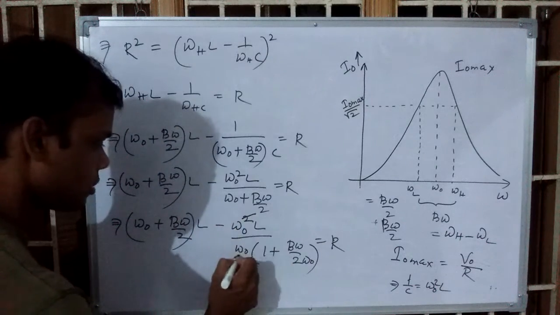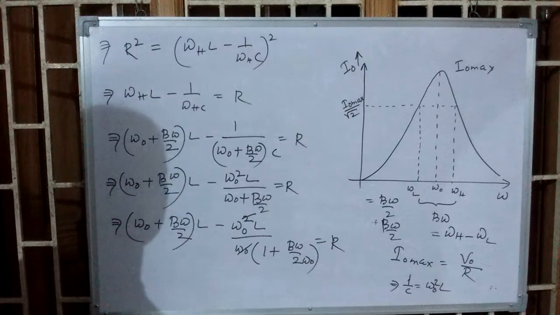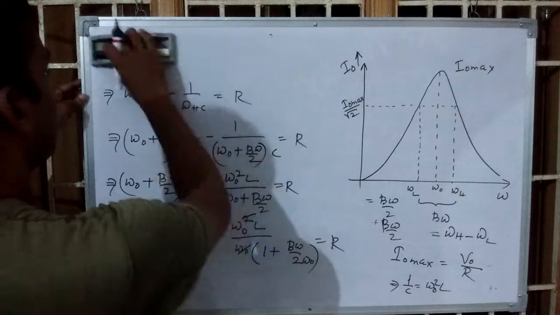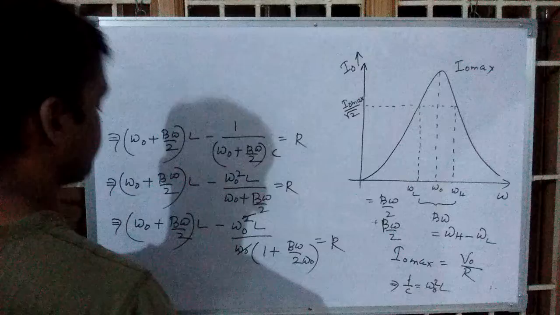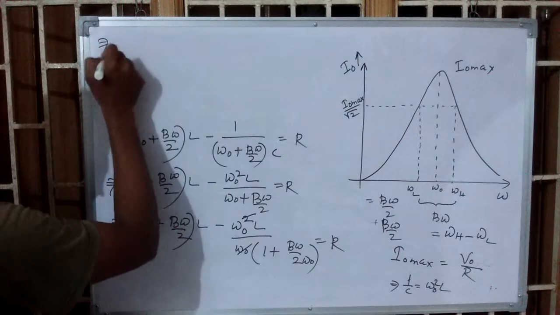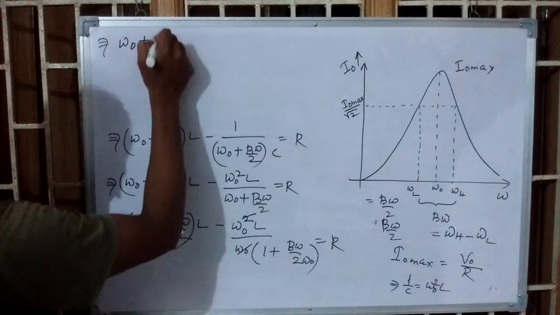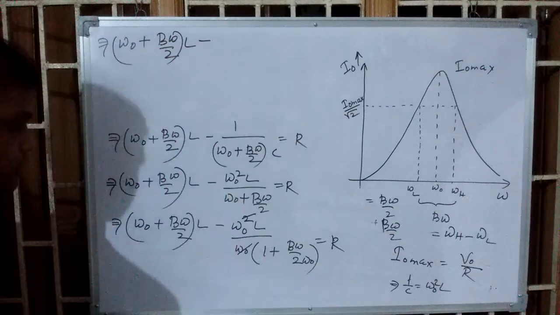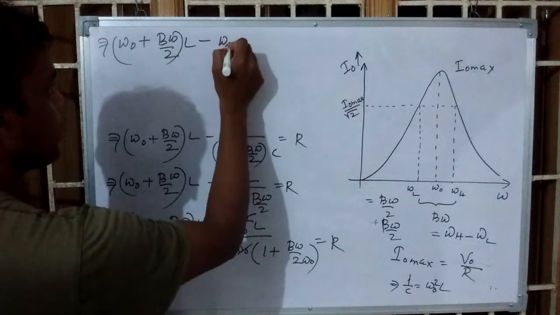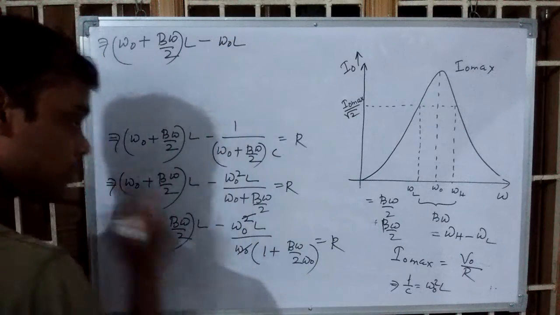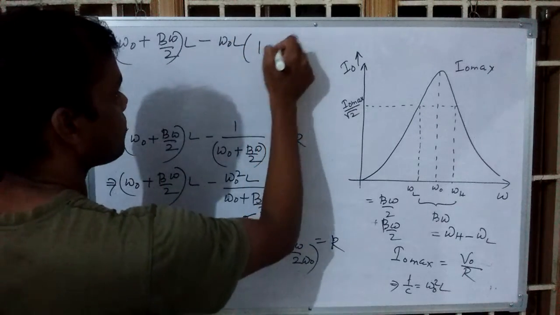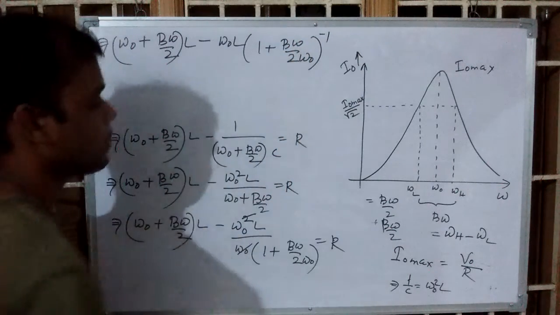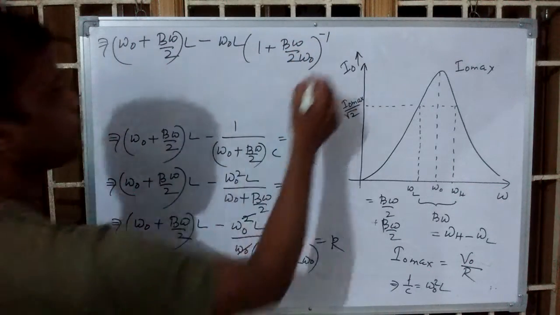Now one omega naught cancels. So I can write this part as omega naught plus bandwidth by 2 into L minus omega naught L, then 1 plus bandwidth by 2 omega naught whole to the power minus 1, because it was in the denominator.